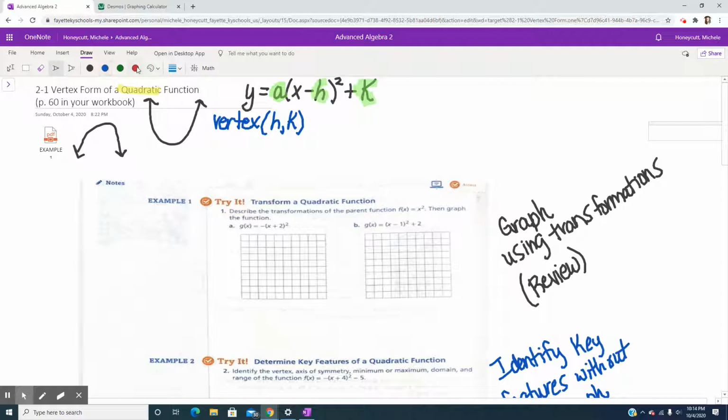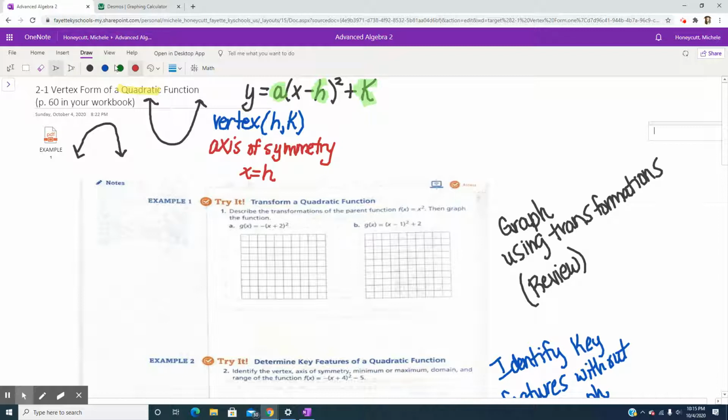The other feature you're going to be able to tell is the axis of symmetry. And I'll talk a little bit more about that in a minute, but just for right now, write down this vocabulary word, axis of symmetry. The axis of symmetry is always going to be at the equation, it's a vertical line, x equals h.